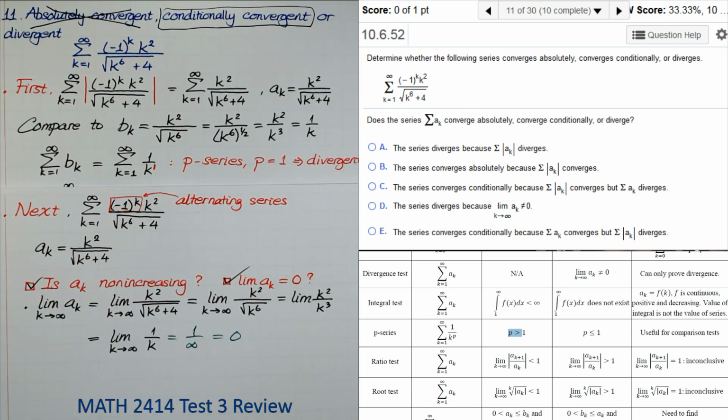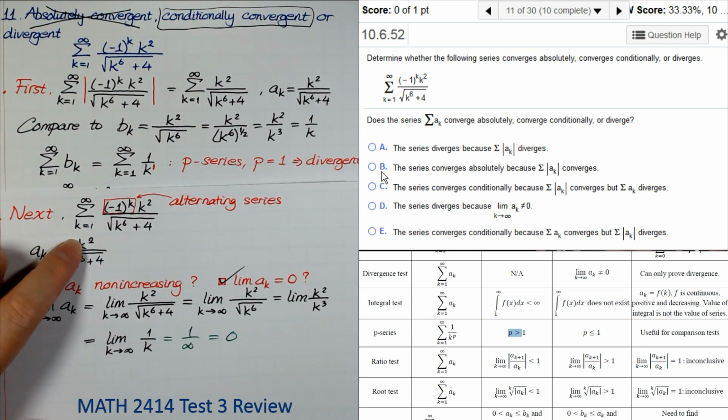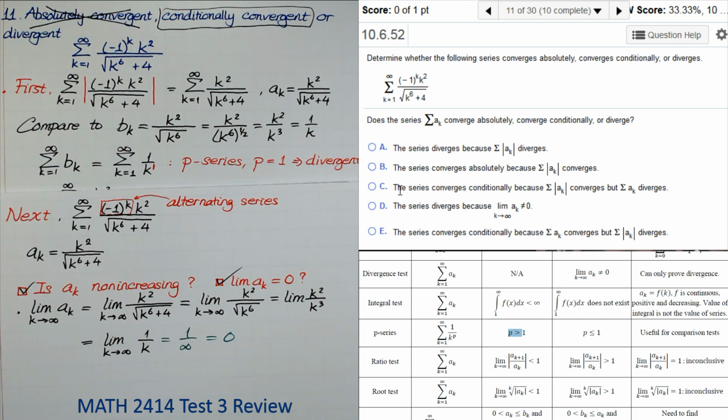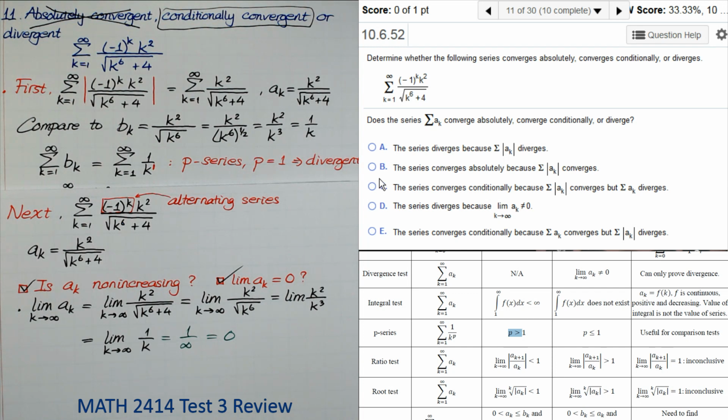It should be a little less complicated when we have the square root, so maybe they just give you k cubed at the bottom. That would be a lot easier to do.